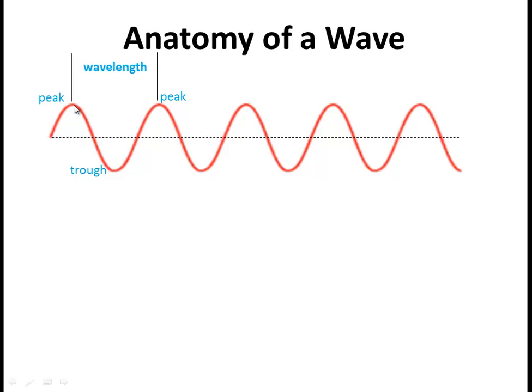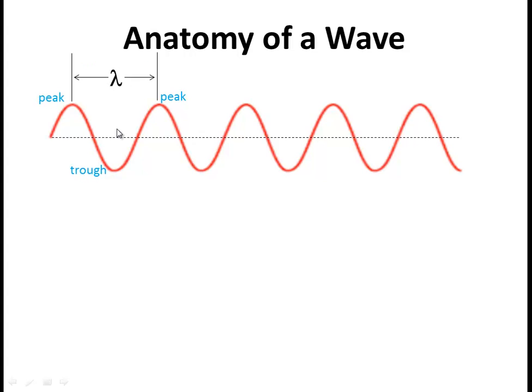And because this is pretty symmetrical, you could also measure the wavelength between two successive troughs. So it's just the distance between one point, and then as you go down the wave, when you go through one complete cycle, you get to the corresponding place on the next cycle, and that's a wavelength.